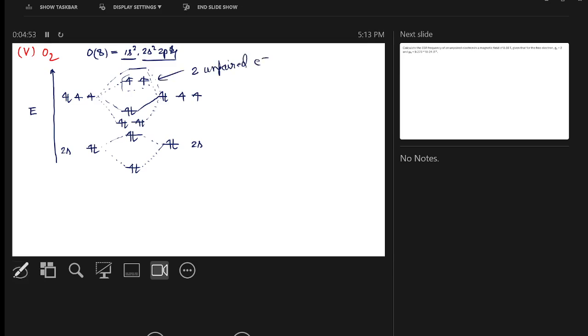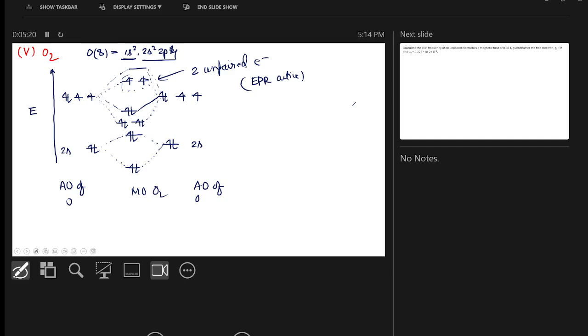So in the O2 molecule, we have 2 unpaired electrons. This is the atomic orbital of oxygen, this is the molecular orbital of O2, and again this is the atomic orbital of O. So this is your EPR active.